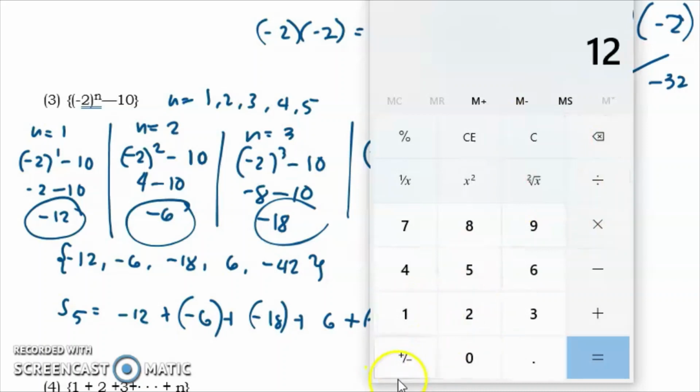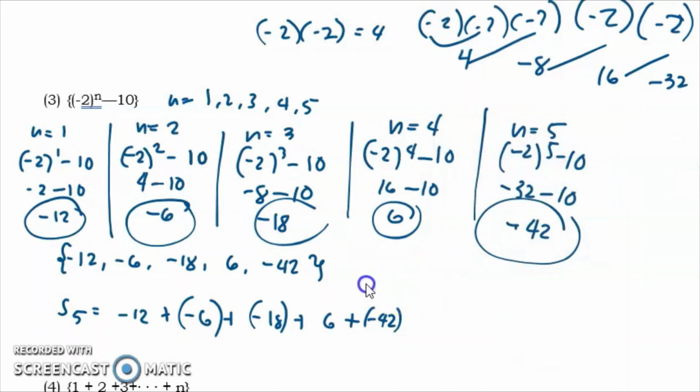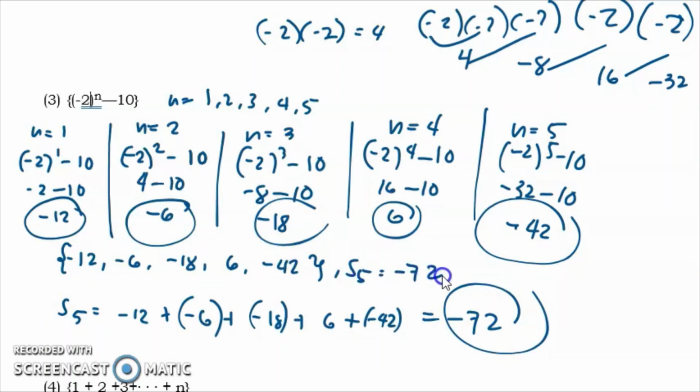Okay, negative 12 plus negative 6 plus negative 18, plus positive 6 plus negative 42. Okay, so the answer is negative 72. Equals to negative 72. Okay, so ang S5 natin ay negative 72.